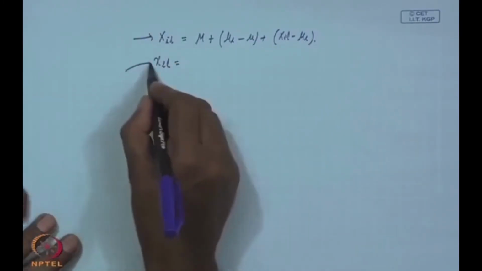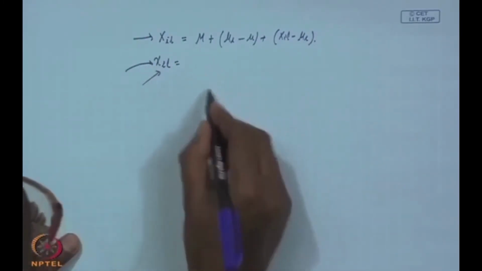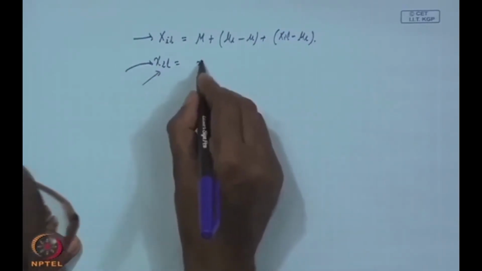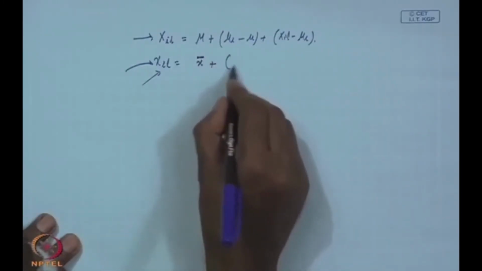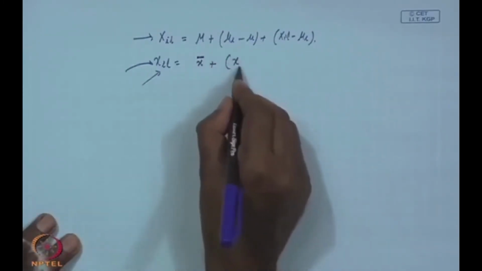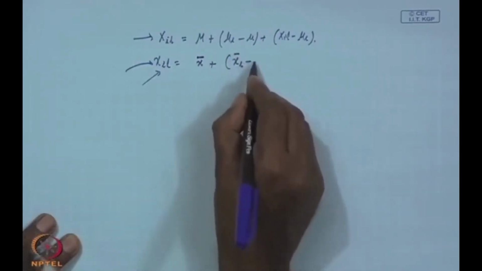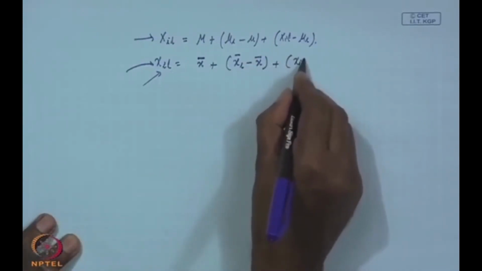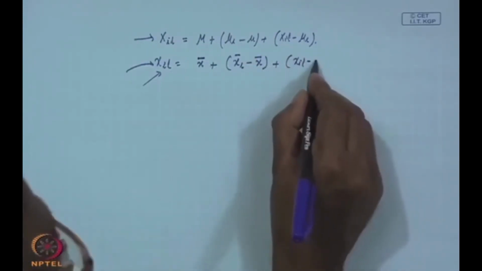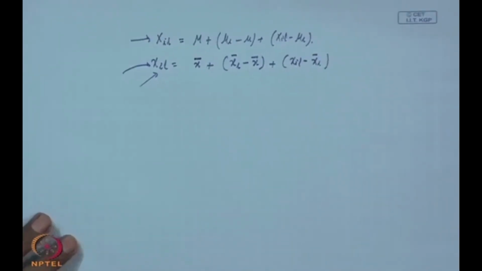Now you have collected data, so you have a fixed value XIL. So you go by the sample grand mean plus the sample mean minus the grand mean, plus XIL minus the sample mean, not population, sample mean.